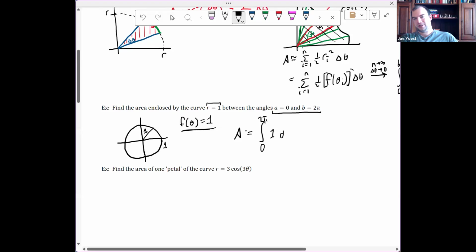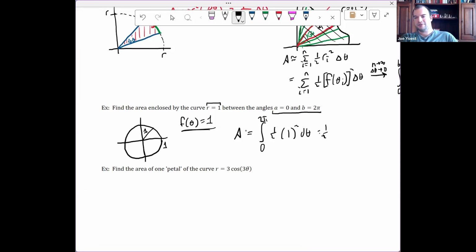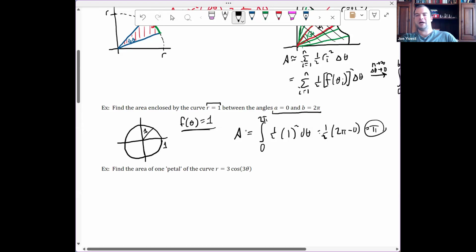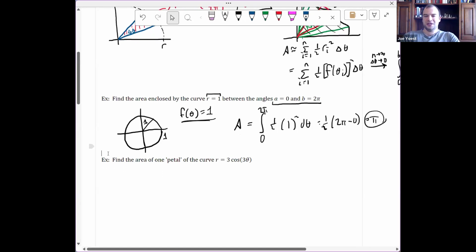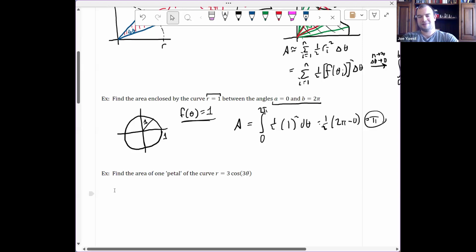And this is, of course, just 1/2 times 1 squared d theta, or 1/2 times 2 pi minus 0, which is pi, the area of a circle of radius 1, as we'd expect. And just had Pi Day a couple of days ago, so this is a fitting topic, I suppose, to be discussing.